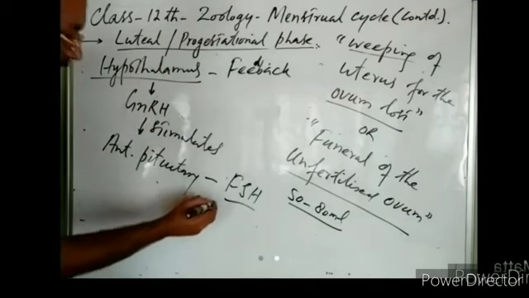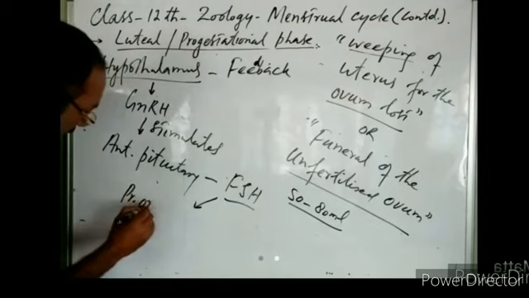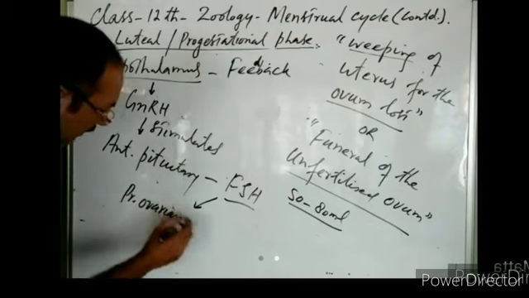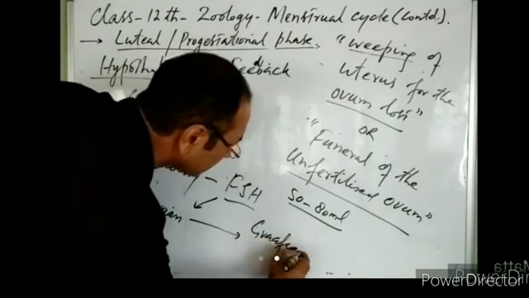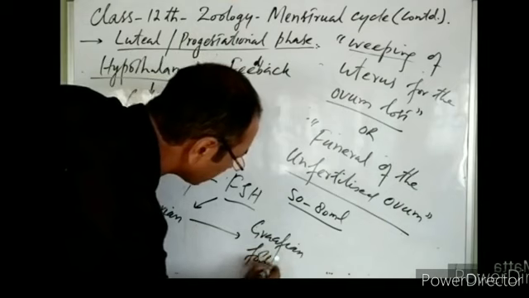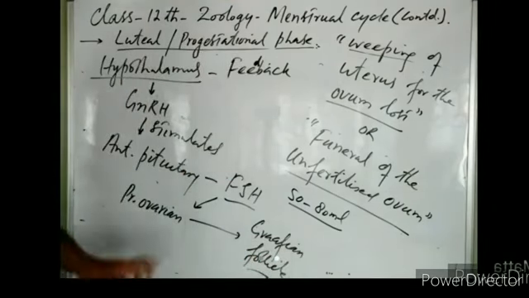One ovum has been lost, right? Now follicle stimulating hormone stimulates growth of a next primary ovarian follicle. It will stimulate its growth into a new Graafian follicle. And another cycle will start, right?